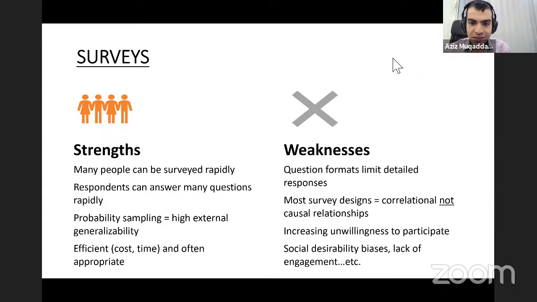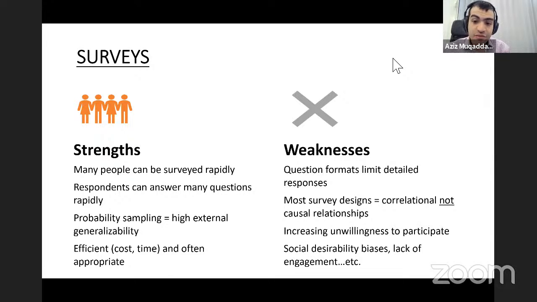Quick and easy is easier for participants than to engage like in a focus group in which they have to deal with other people. They have to give thoughtful responses and interact with others and try to appear in a positive light. So surveys are also easier for participants.